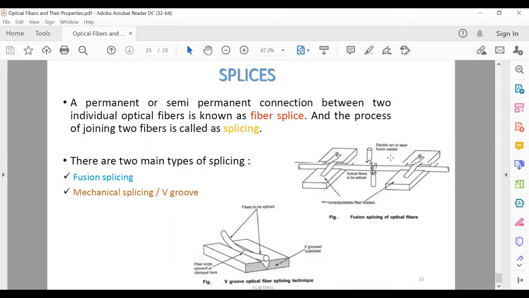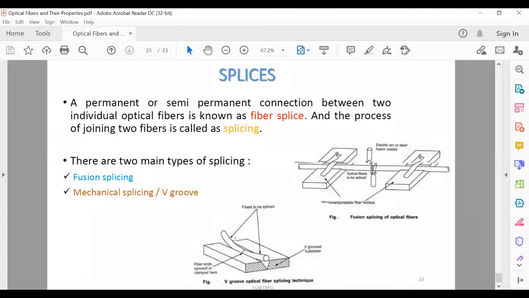So fiber ends are first pre-aligned and butted together under a microscope with micro manipulators. Then the butted joint is heated with an electric arc or laser pulse to melt the fiber ends, so they can be bonded together. Okay, so here is the diagram for fusion splicing.